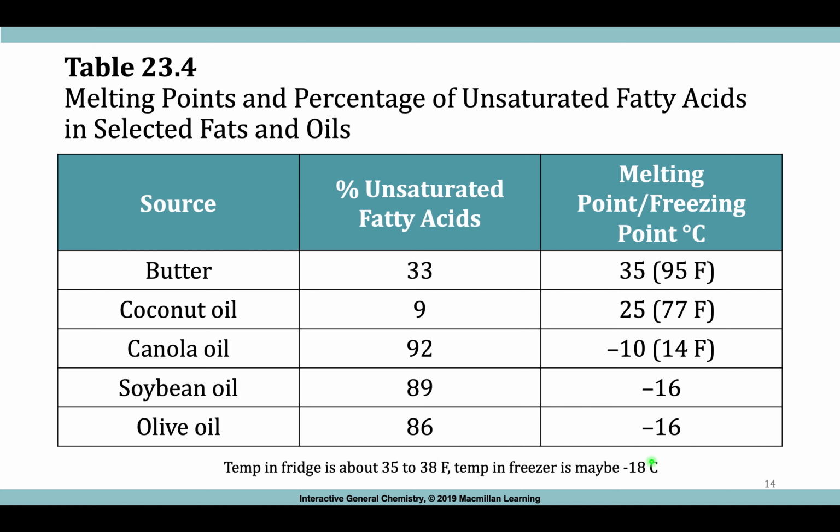Put them in your freezer, though, which is probably close to -18 Celsius, and you'd probably be able to start freezing your oils. So you could try that as a little experiment, a little spoonful of olive oil in your freezer, and see what happens. But this percentage of fatty acids really helps you predict the melting and freezing point of some of these oils.